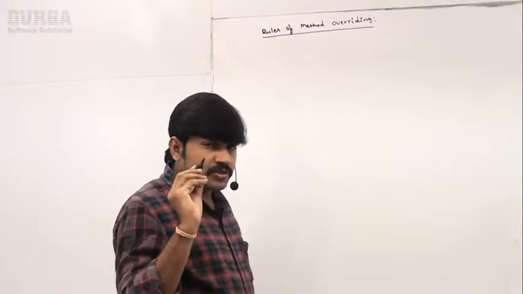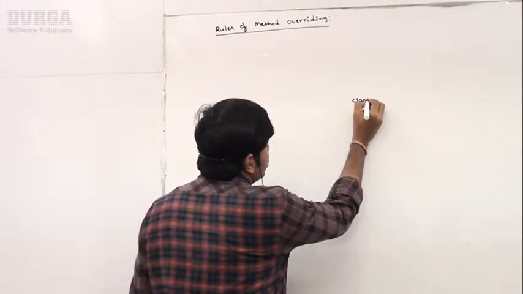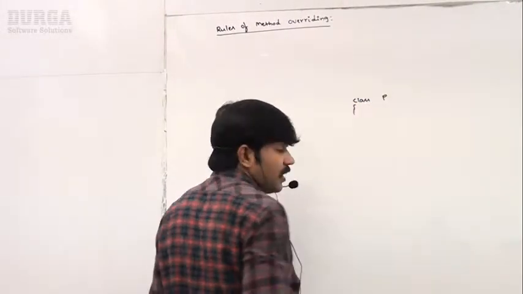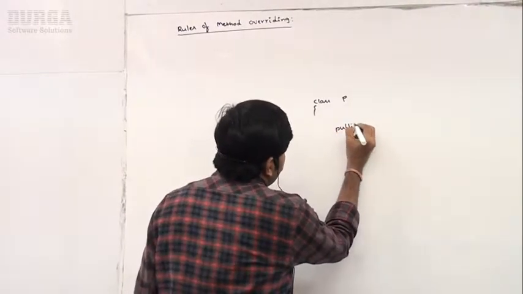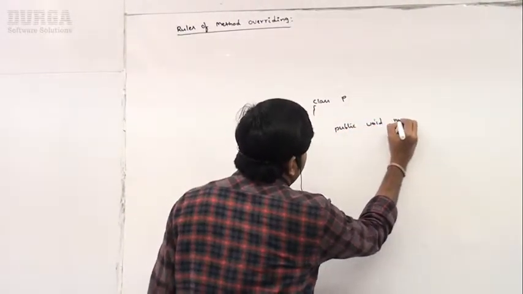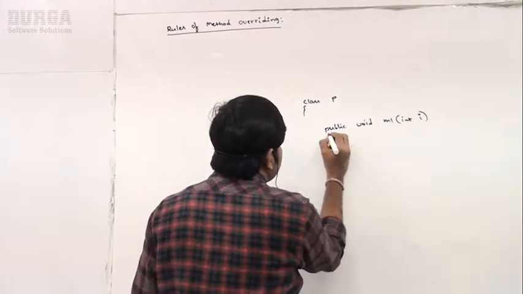Okay, first rule, sir. Here I'm taking class P. Observe very carefully, sir. Class P, I have public void m1(int i).